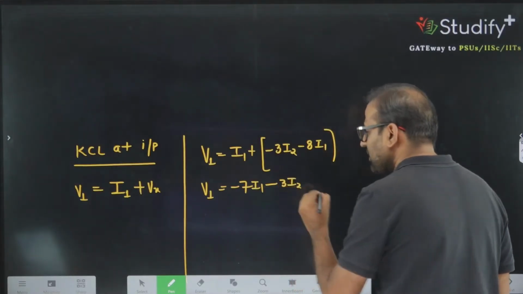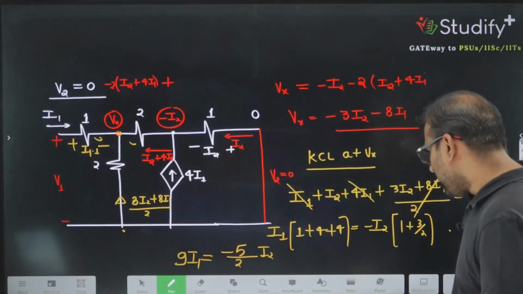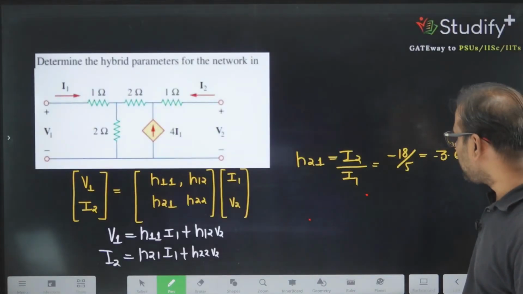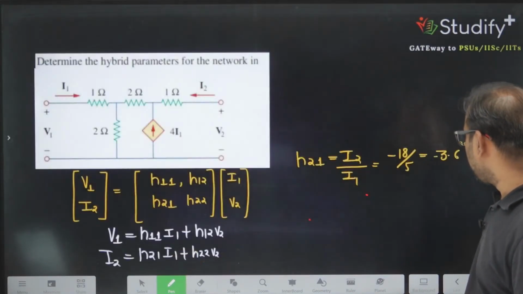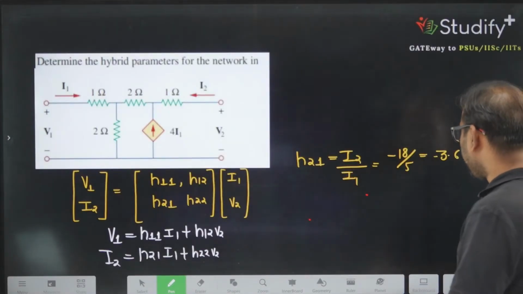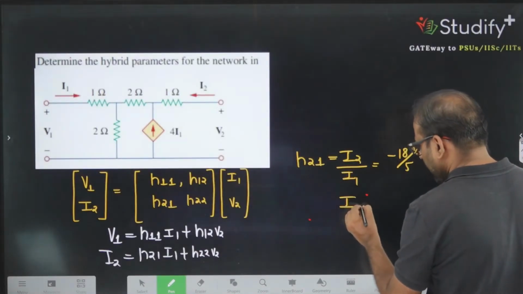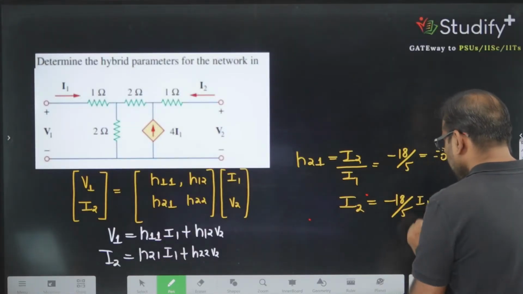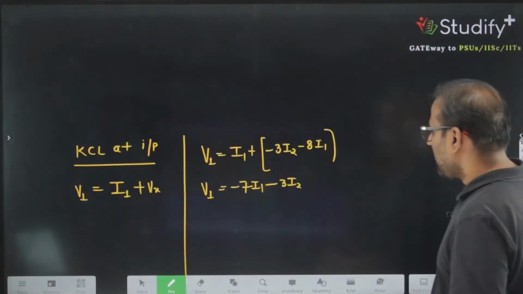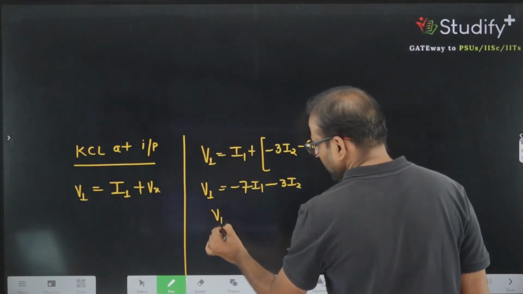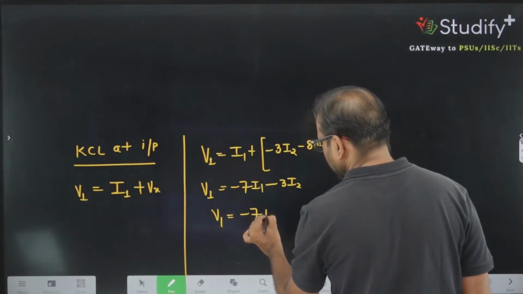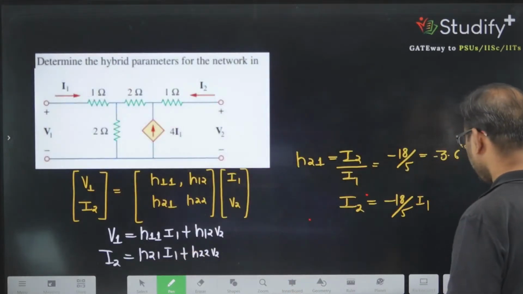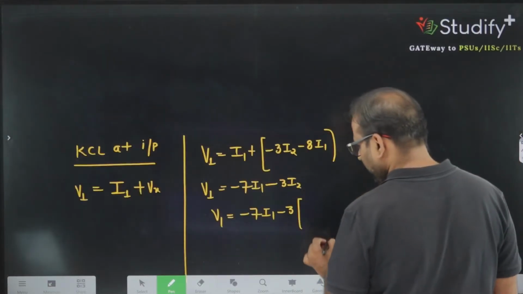But we know the relationship between I1 and I2, and that relationship is I2 equal to minus 18 by 5 I1. So let me replace this: V1 equals minus 7I1 minus 3 times minus 18 by 5.